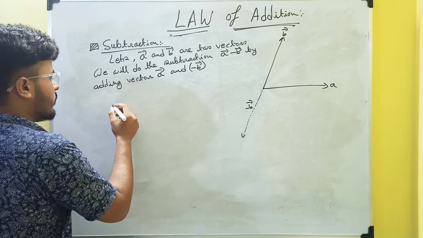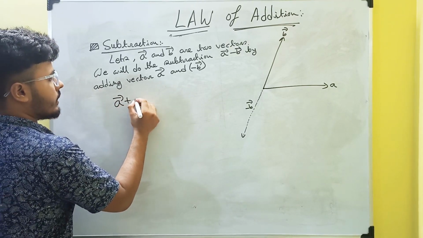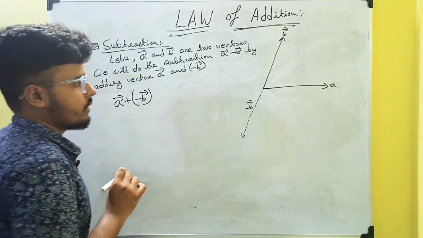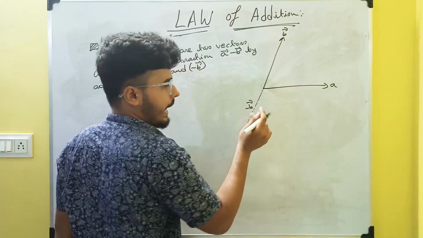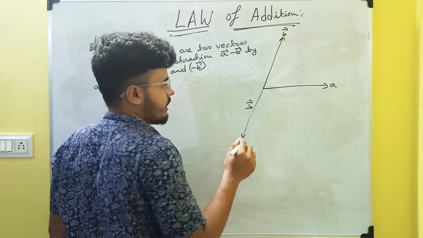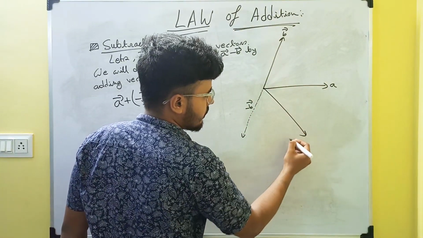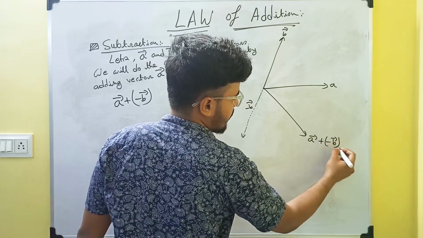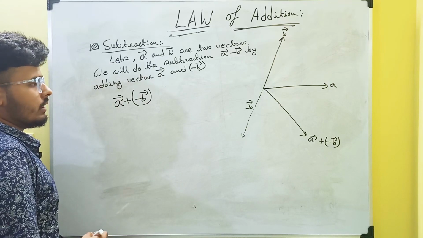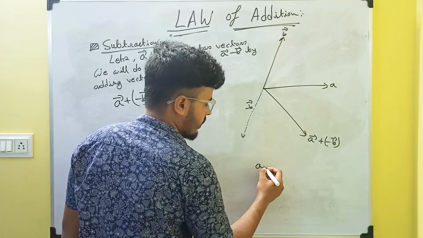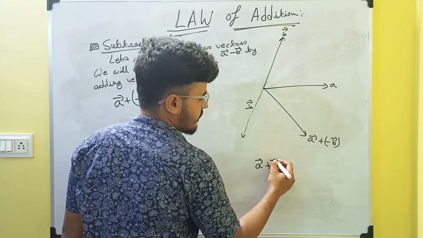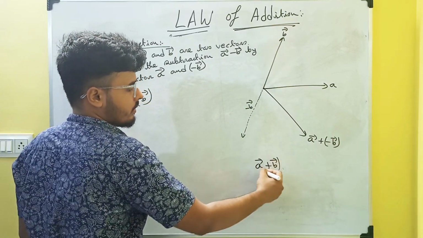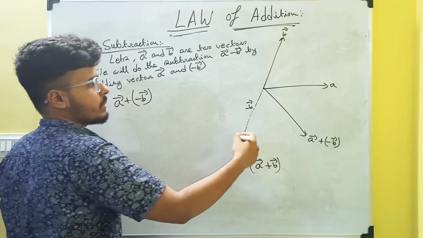Now, if we do A plus minus B, what will be the resultant? So, the resultant, according to the parallelogram law of addition, the resultant will be this. This one is A plus minus B, right? Let's say we are adding just A plus B vector. So what will be the resultant of A plus B?